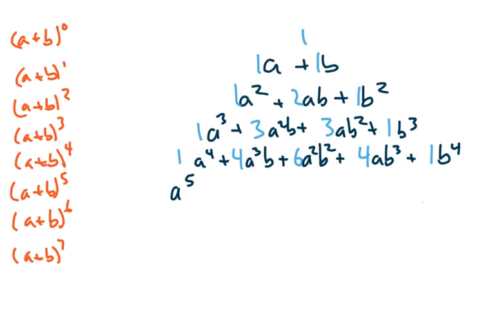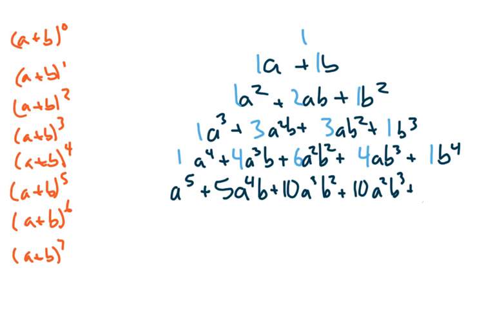1 a to the 5th, or just a to the 5th, plus 5 from Pascal's triangle, 1 less power of a, 1 more power of b, plus 10 from Pascal's triangle, 1 less power of a, that's a cubed now, 1 more power of b, plus 10 from Pascal's triangle, 1 less power of a, 1 more power of b, plus 5 from Pascal's triangle, 1 less a, 1 more b, plus 1 from Pascal's triangle, b to the 5th.